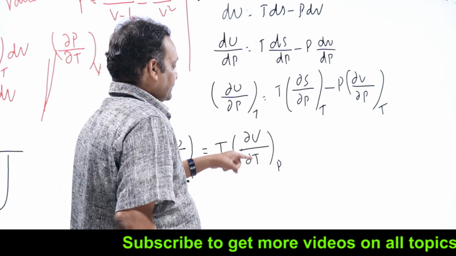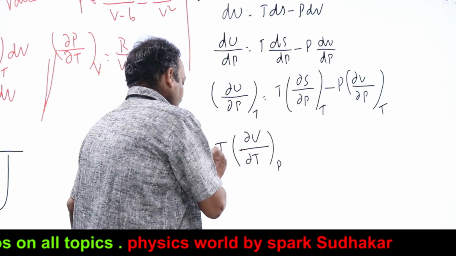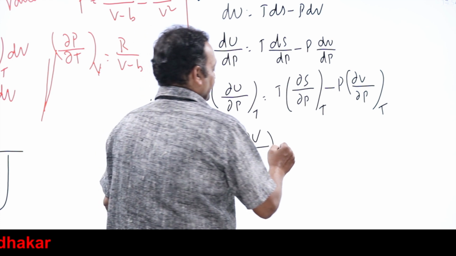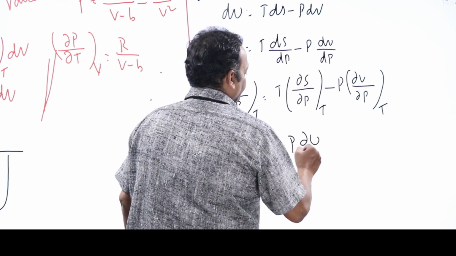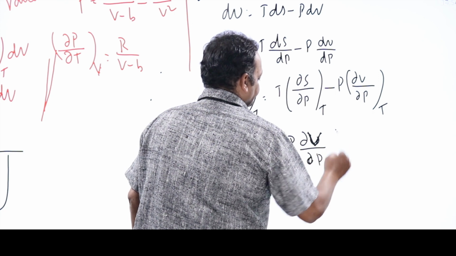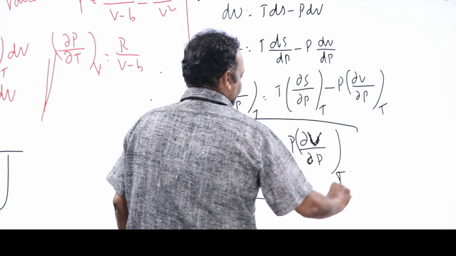There is no S or P by T term here, so it should be a minus sign. So minus T ∂V/∂T at constant P minus P ∂V/∂P at constant T. This is our second energy equation.